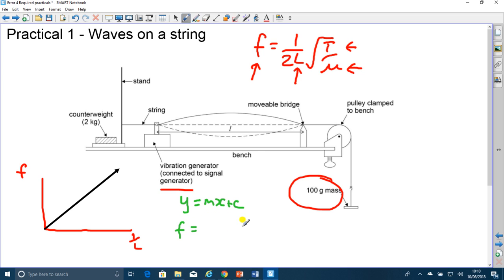Now x in this case is 1 over L plus c. Now c, the y-intercept is 0, so that's irrelevant.